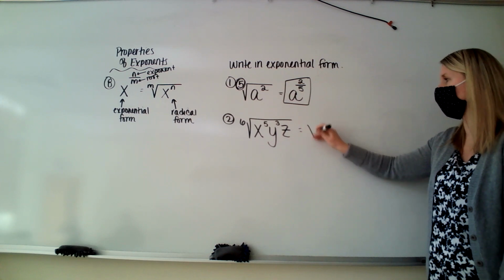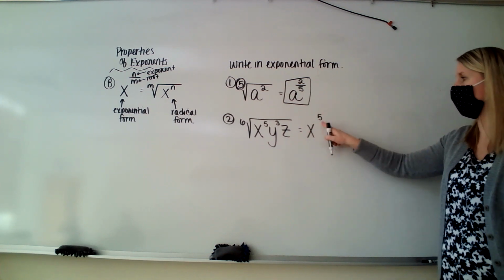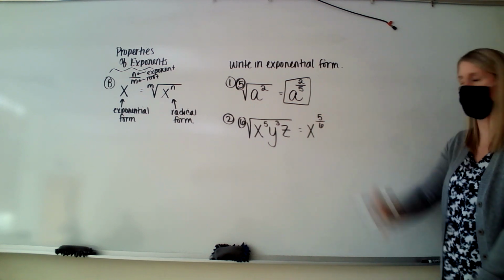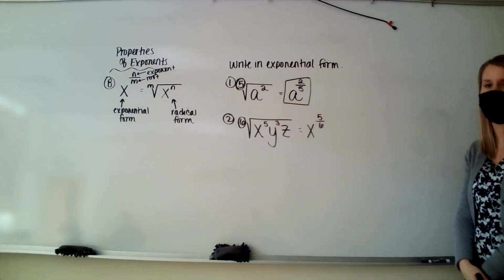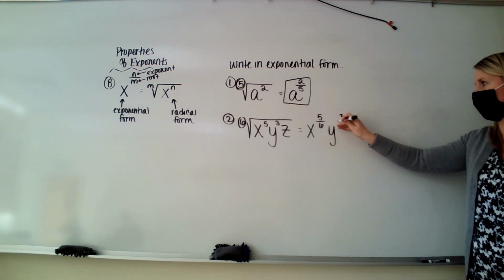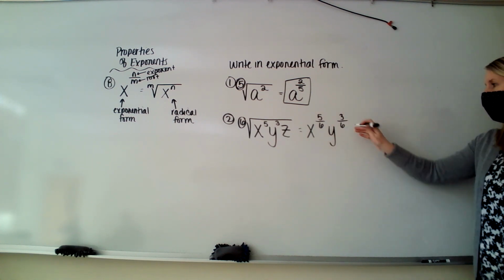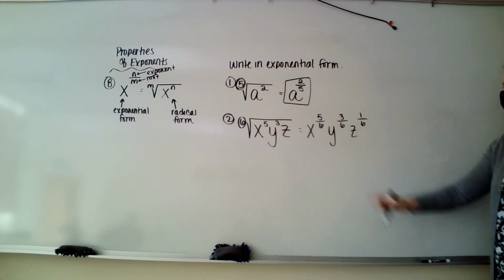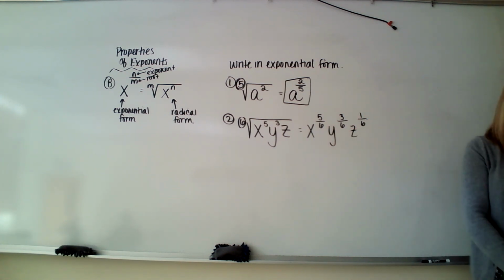We have x to the 5th, and then each of these becomes a fraction over 6. Then we do the same thing: y to the 3rd over 6, z to the 1st over 6. You can see the pattern, and they just all become fractions over 6.